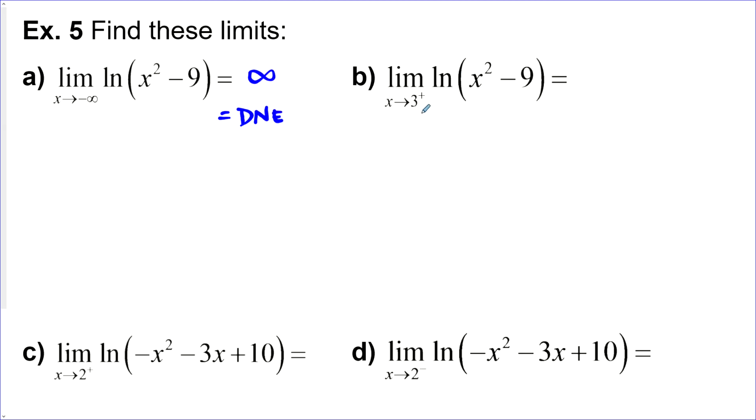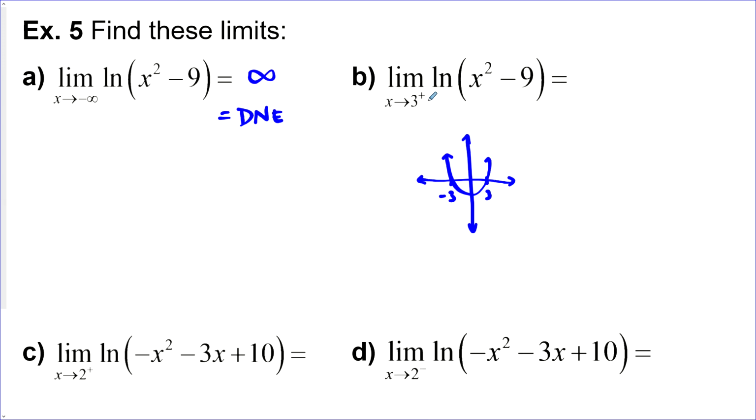Let's try the next one. So here we have the limit as x approaches 3 from the positive side. So if you need a little reminder of what that is going to be for this quadratic, we could sketch that. We've got a positive leading coefficient, and x-intercepts at positive and negative 3. So there's negative 3, there's positive 3. Looks like we're coming from the positive side. So we're coming this way, and that means that this quadratic inside here is getting closer and closer to 0.